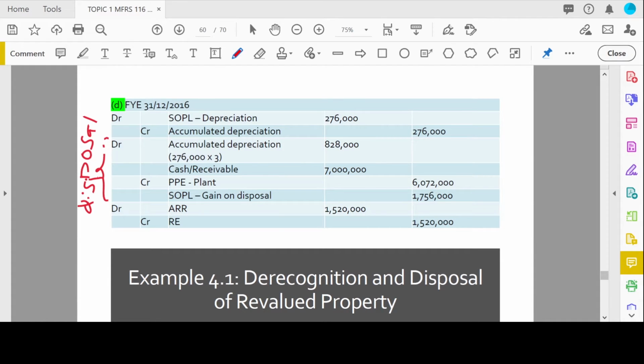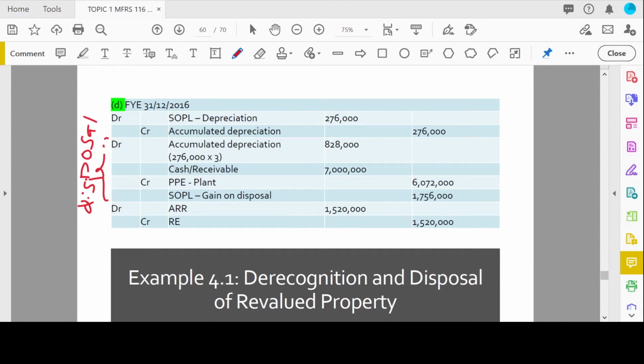Remember that, from the discussion on derecognition of asset, of revalued property or other PPE, it will be the same. We have to derecognize the carrying amount.